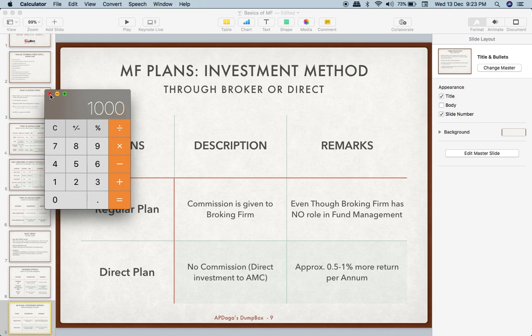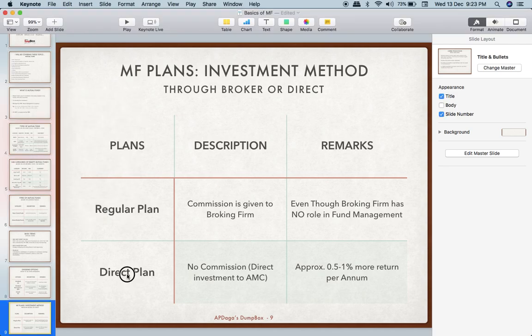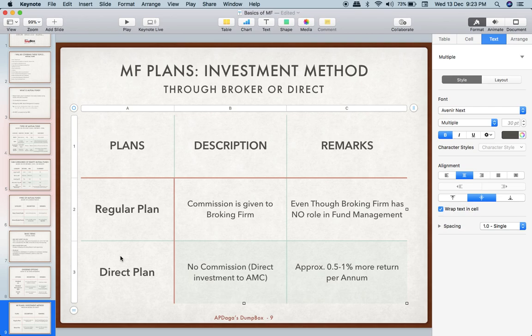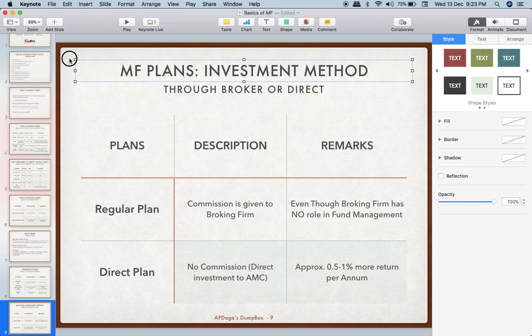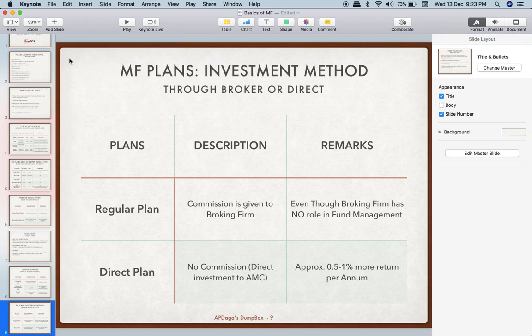So you will be throwing away 1,000 per year. You might think it is a very small amount, but for the long term there is a huge difference between regular plan return and direct plan return. So always go for direct plan.